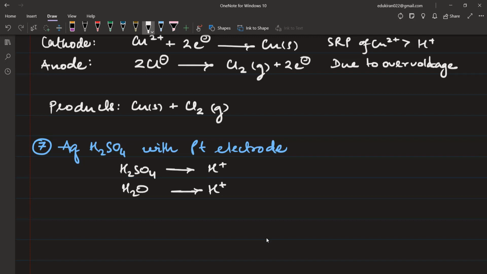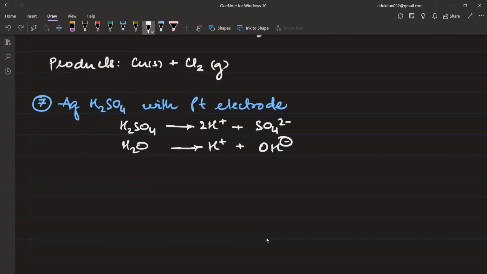So in terms of cation, we are not having any different cation here. But the anion is different. So obviously, at the cathode, only one reaction is possible. That is the reaction of H+ eating 2 electrons to get converted to hydrogen gas.